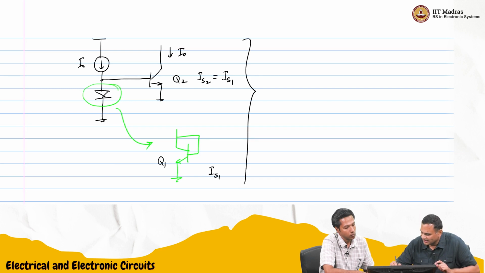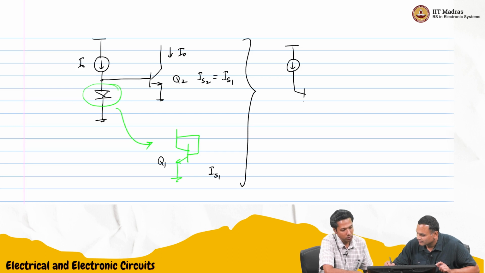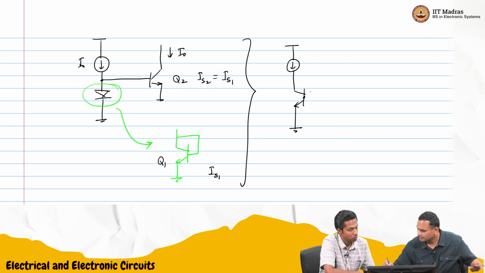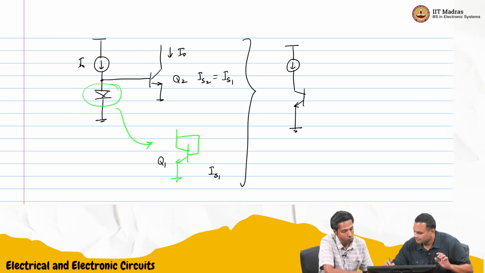So you'll get something like this. Maybe we'll just redraw it with the true current mirror.